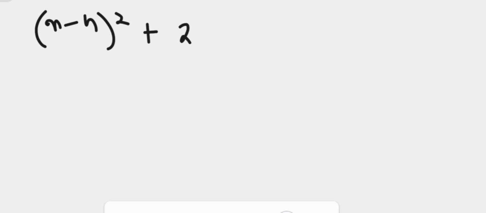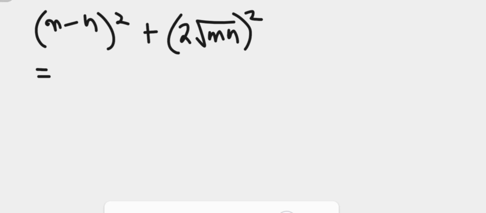So the sum of the squares of the opposite and adjacent sides will be m minus n all squared, added to the square of 2 root mn.